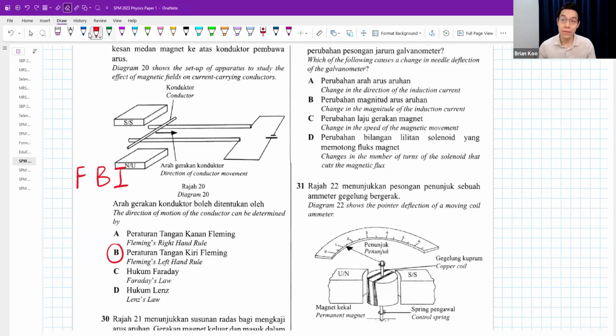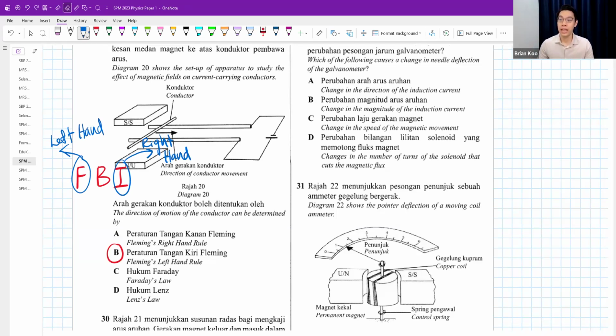Force is on the left, and I is on the right. If you're trying to find force, please use left hand. If you're trying to find current, please use right hand.